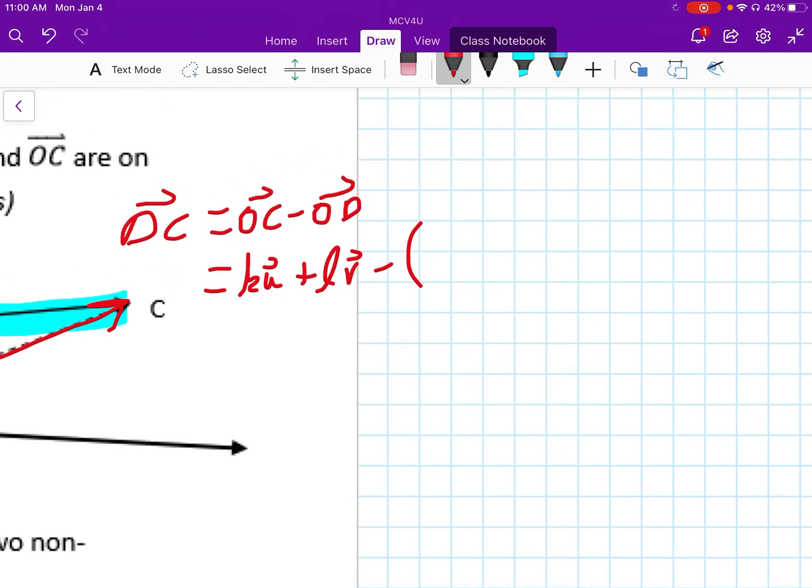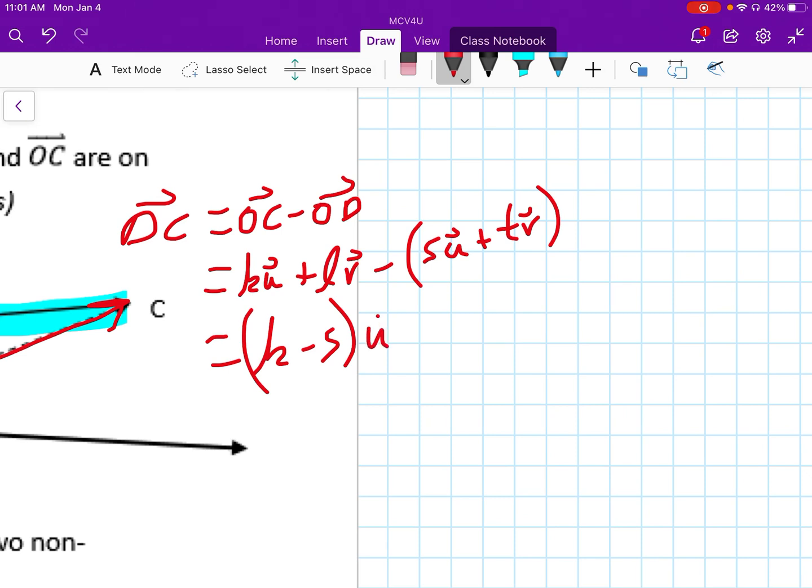So basically, we just pick any other letters. We can say SU plus TV, vector V. And now, since we have the distributive property, we know vector addition, vector subtraction, and scalar addition and subtraction, we can basically say that we've got K minus S times vector U, add that to L minus T times vector V. Take a look at that, make sure you understand it, because the last part is pretty simple: a scalar minus a scalar is another scalar.